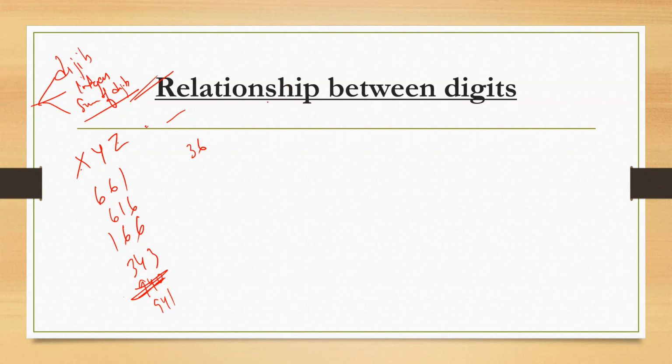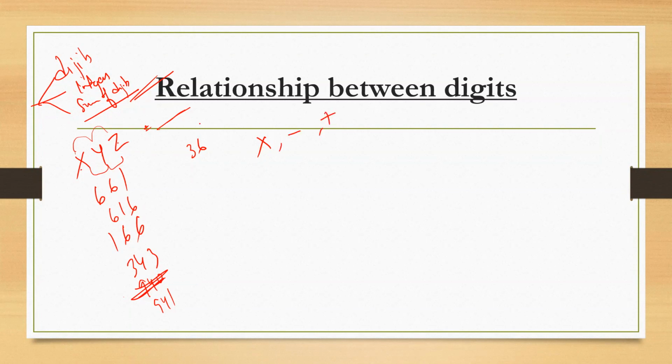तो हमारा जब relationship between digits की बात कर रहे हैं, the relationship could be in multiplication format or even the summation of digits. If I say the summation of digits should be this number, or if I say the difference between the digits should be this number. Okay, so difference, summation, plus.